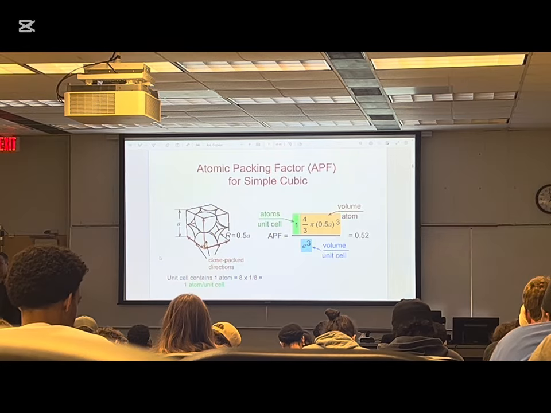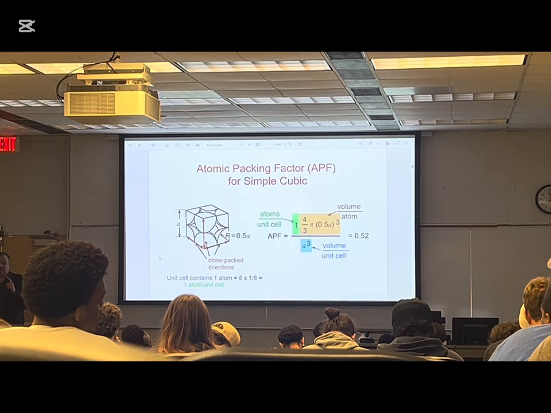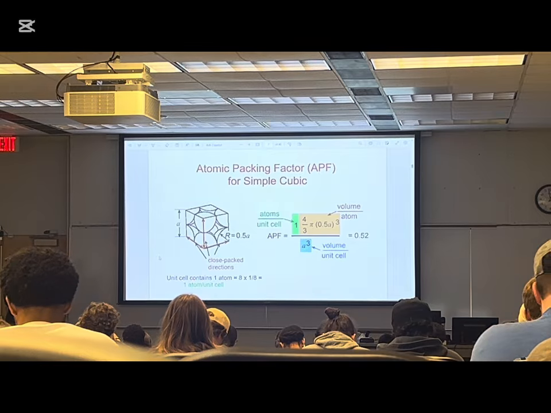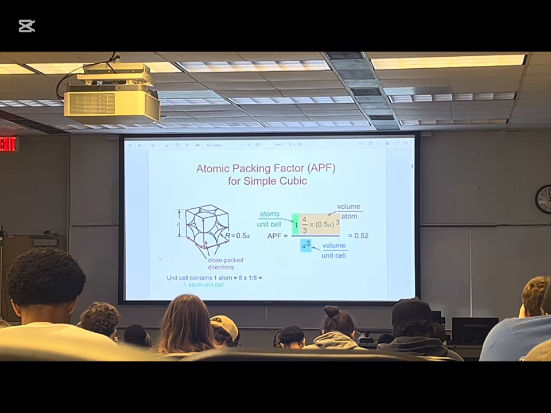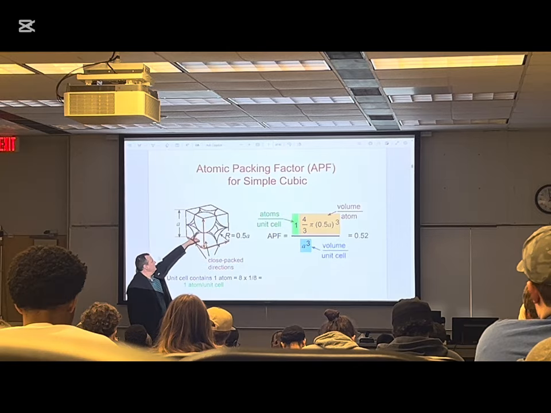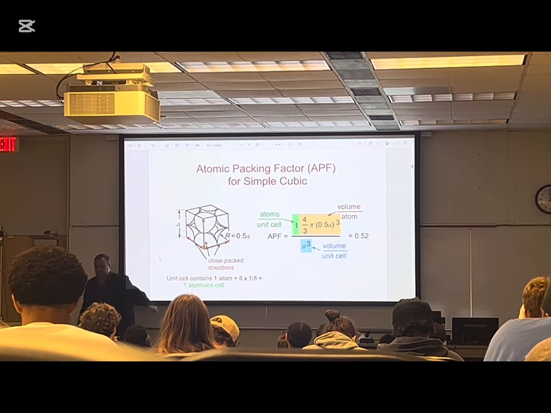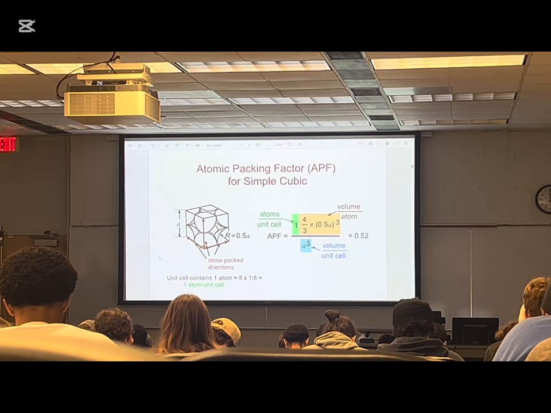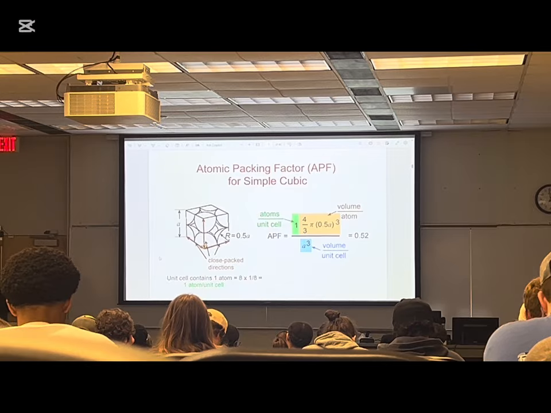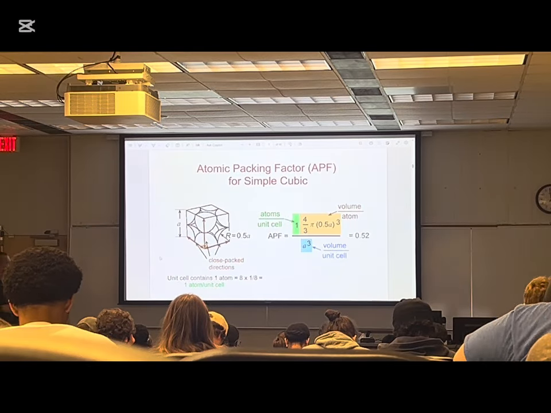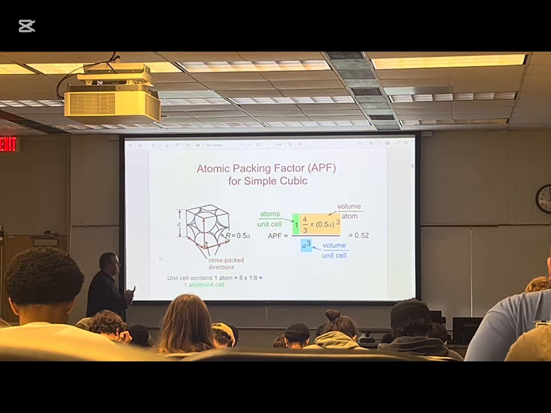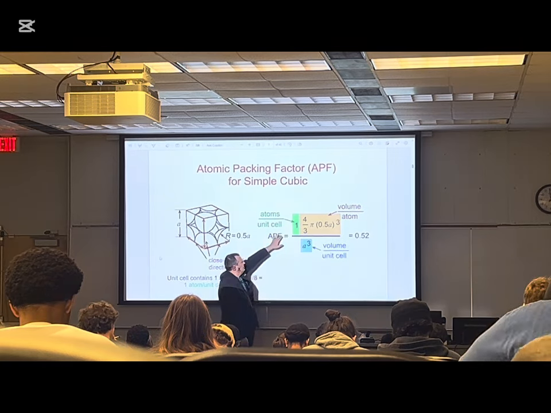1. 1 full atom. You can take those pieces of the puzzle, you can put them all together. This is forming the top half of the sphere, this is forming the bottom half of the sphere. Altogether, just 1 full atom. So in a unit cell, for simple cubic structure, we have 1 atom per unit cell.